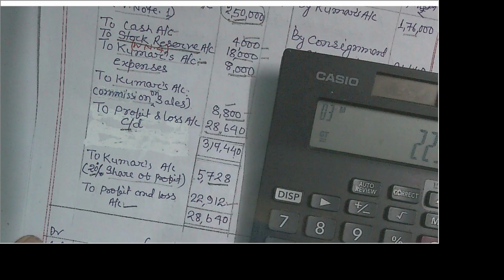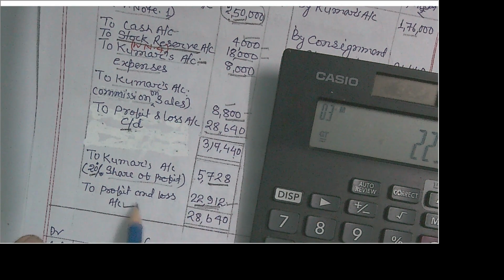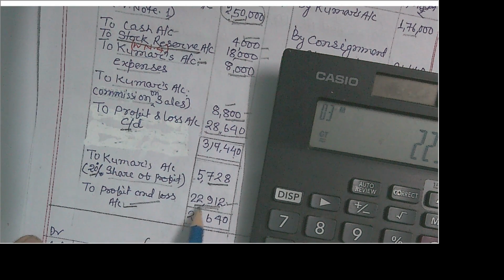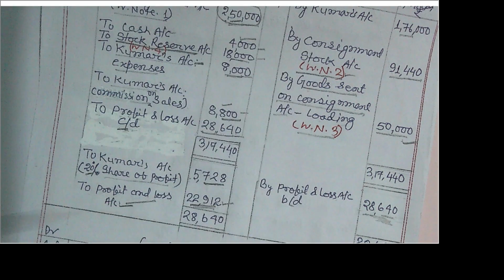So this is 22,912. This is the profit made by this consignment account. Alright, so this is in the consignment account. Okay.